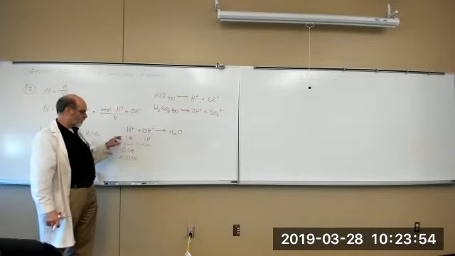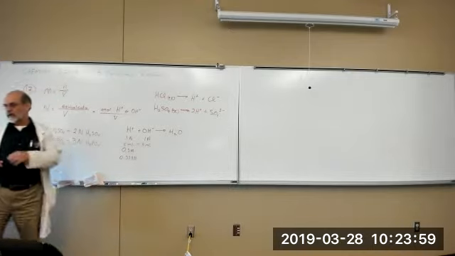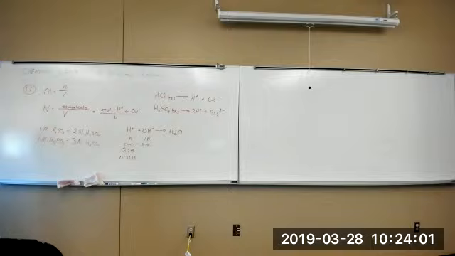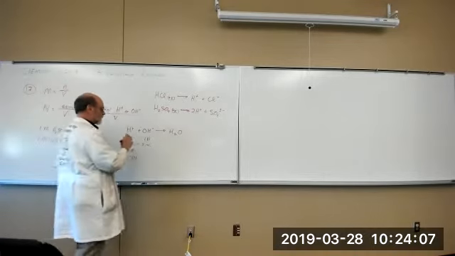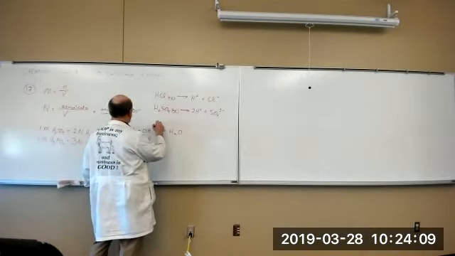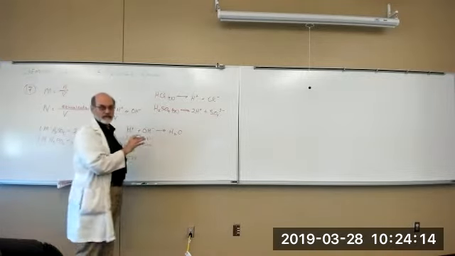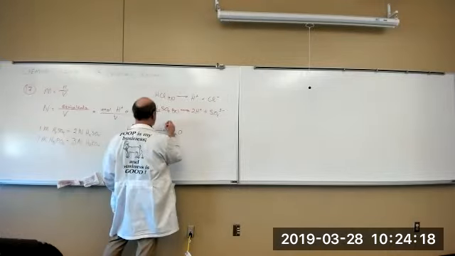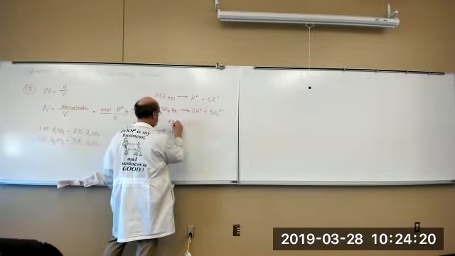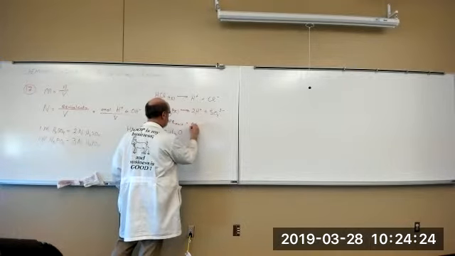So if you have 1 normal, and you're doing a titration, you want to find the exact point where you neutralize one with the other, then you can say this is analogous to our dilution equation. The number of normals, equivalents of acid, equals the number of equivalents of base.